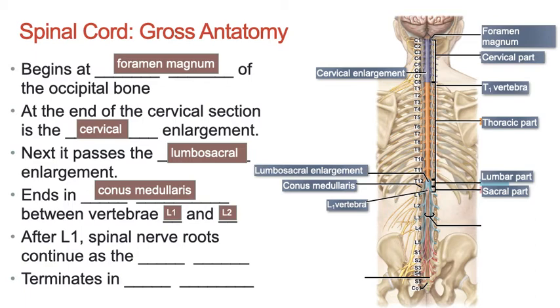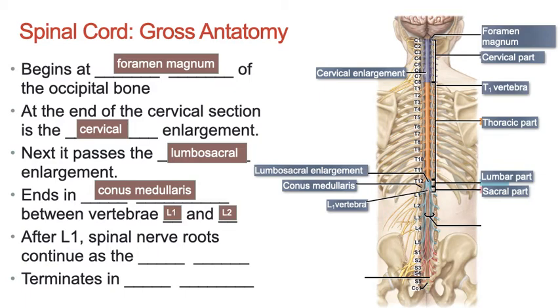So the spinal cord actually finishes growing around the age of 4, while the vertebral column finishes growing somewhere between 14 and 18. So that's why in adults, the spinal cord only occupies about the upper 2/3 of the vertebral column.